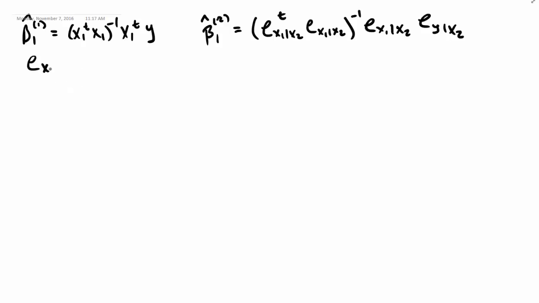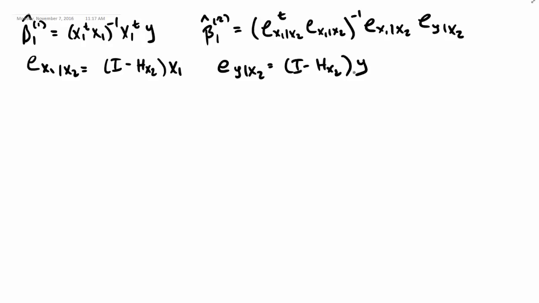e X1 given X2 is just I minus the hat matrix for X2 times X1, and e y given X2 is just I minus the hat matrix for X2 times y. So these are just the residuals of X1 having removed all linear association with X2, and y having removed all linear association with X2.